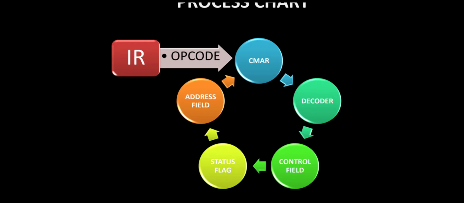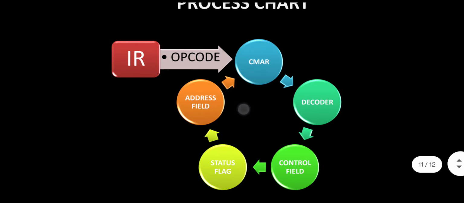If the first microinstruction is true, it will go to the address field. If the first microinstruction is false, only then will it go to the next microinstruction, and that will take us to the address field.